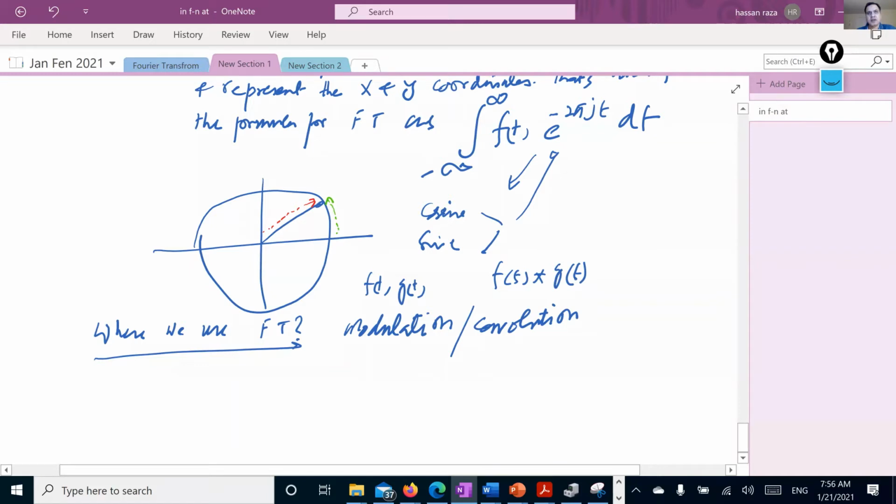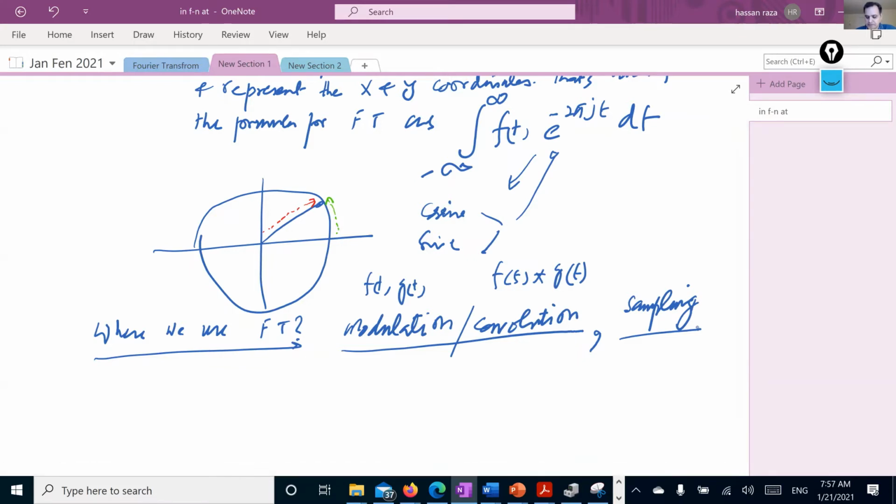So when I say modulation, convolution is already embedded. The other common thing, again a sort of modulation, is sampling. We cannot convert any analog data into digital data without sampling. In both of them, we multiply two functions in time domain, and that is happening as a convolution.